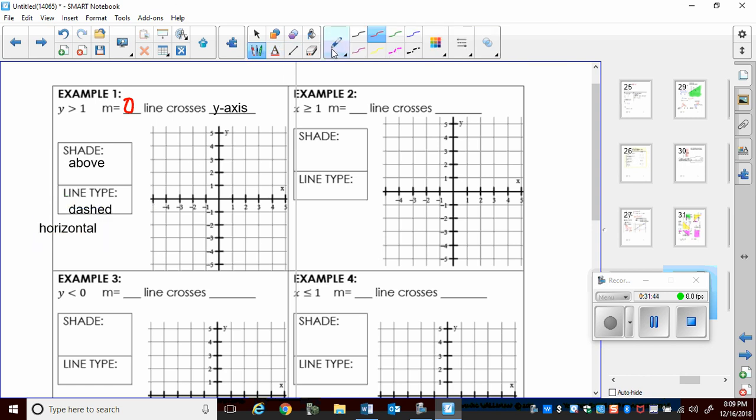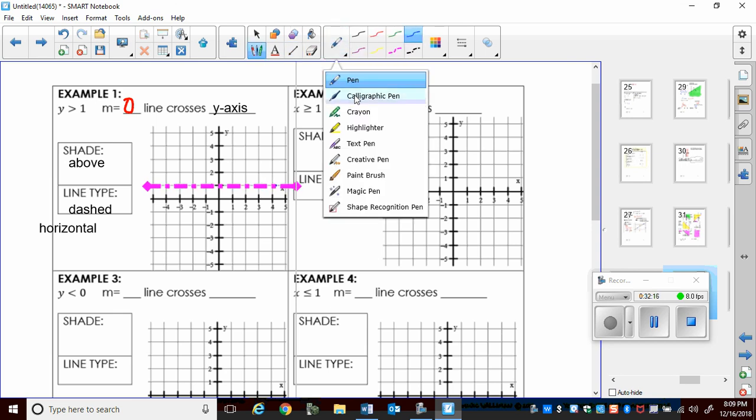So I'm going to go to the y-axis and go to where y is 1. And these are all the points that are greater than 1. So this is a dashed line because it's not equal to 1. But the solutions are all greater than 1.